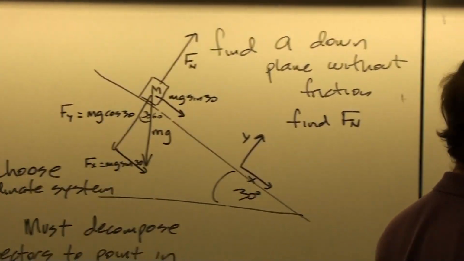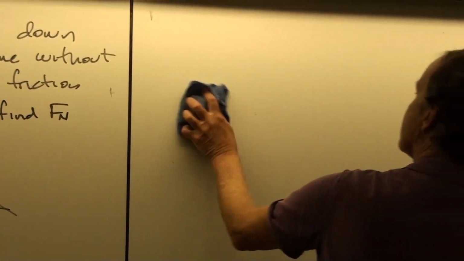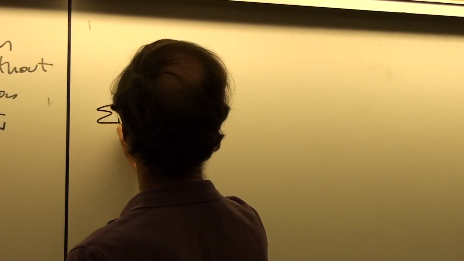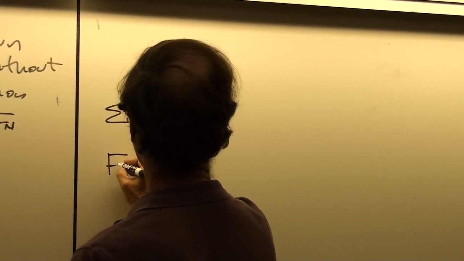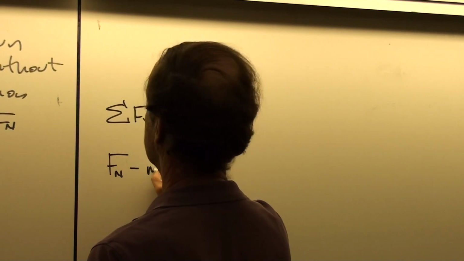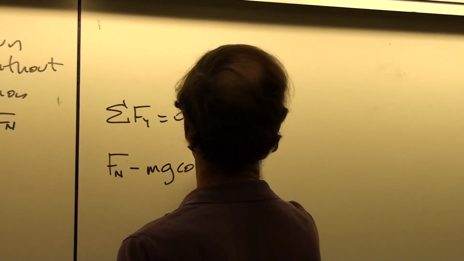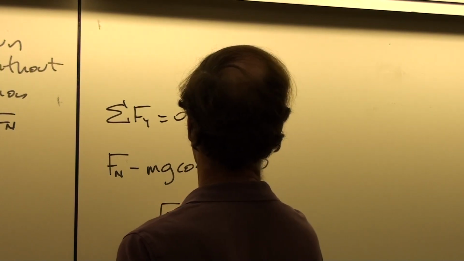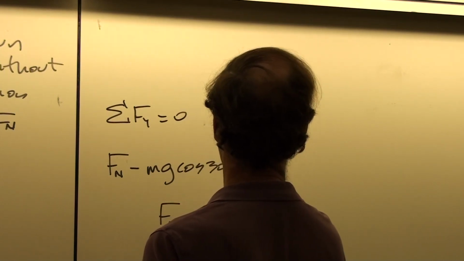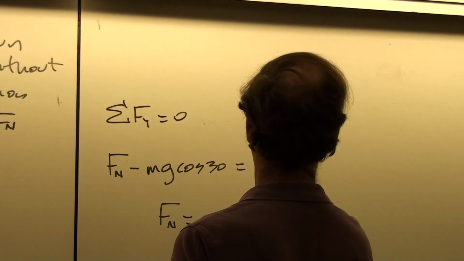So you've seen this before. The sum of the y forces is 0. So that gives us F normal minus mg cosine 30 equals 0, or F normal equals mg cosine 30.